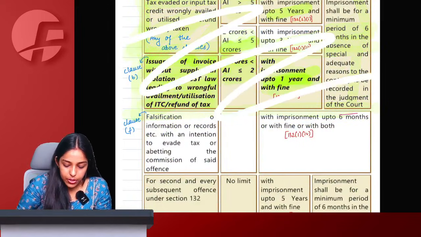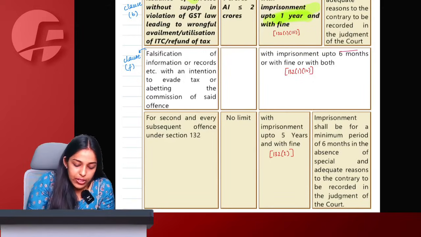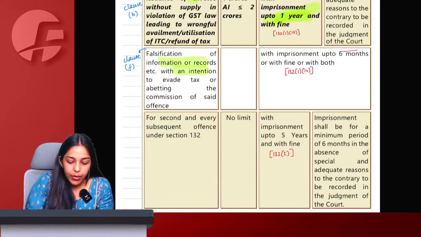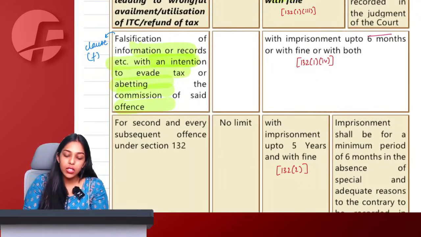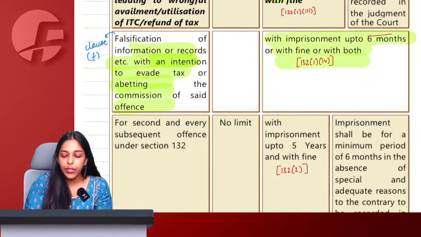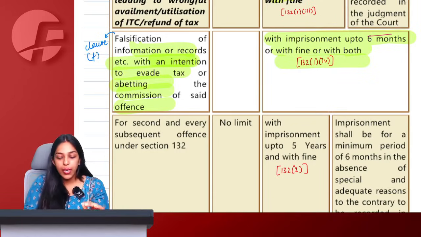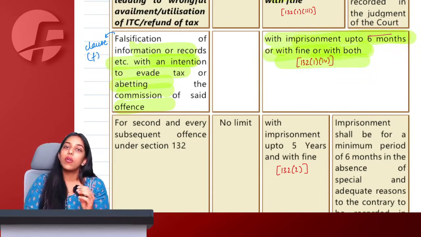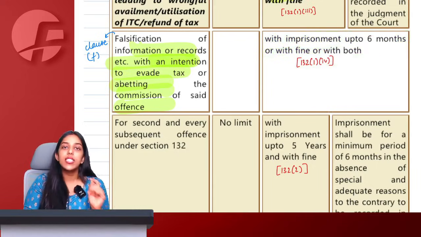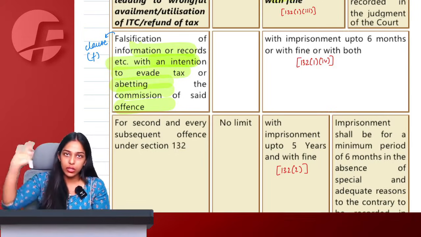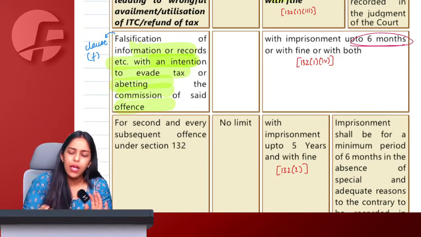Then we are saying falsification of information or records with an intention to evade tax. For falsification of accounts, imprisonment is going to be up to 6 months only, or fine, or both, whatever seems appropriate. So particularly for falsification of account records, we will not give you 1 year, 3 year, or 5 year imprisonment, only up to 6 months maximum.